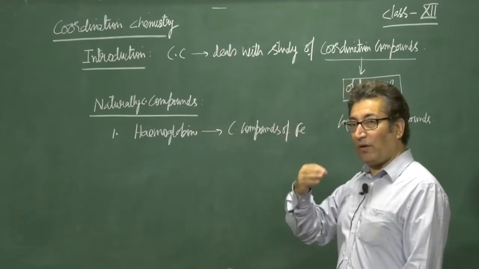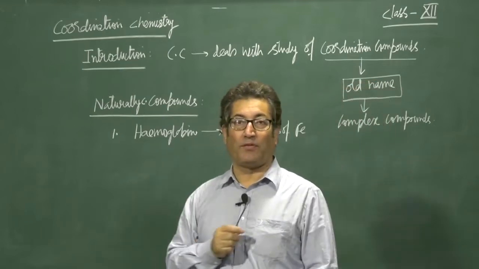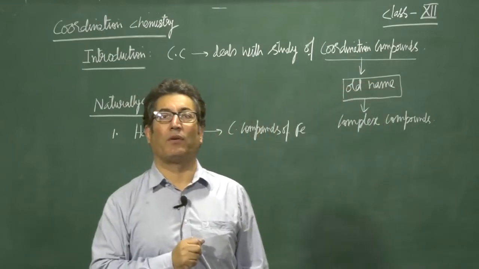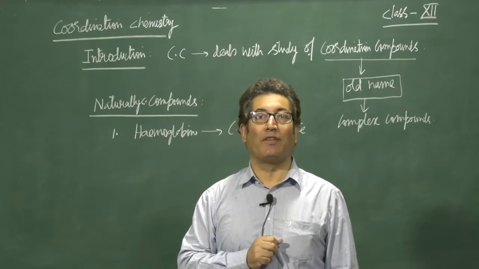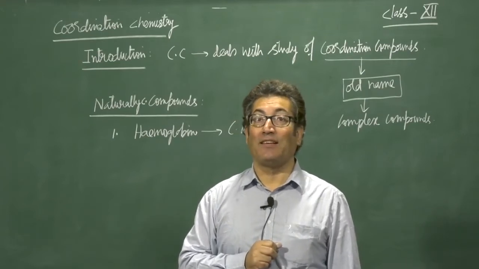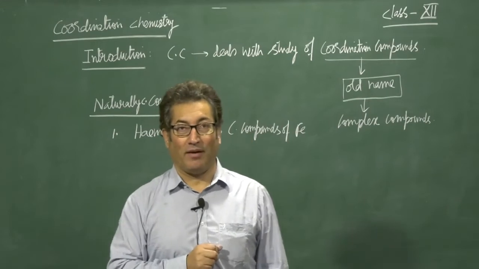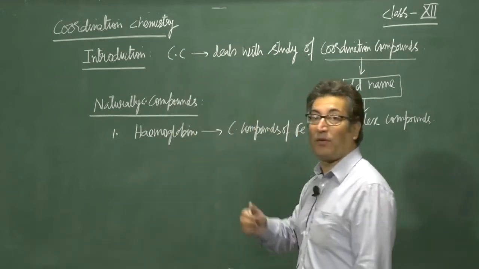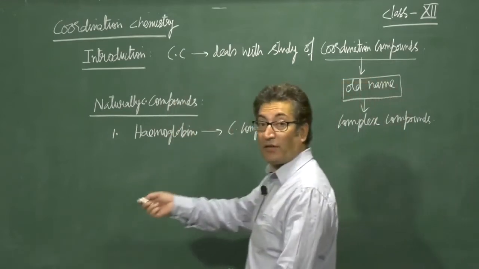And you will learn with the passage of time that every coordination compound contains a metal, and in most cases that metal is a transition metal, a d-block element. And iron, as you know, belongs to the d block of the periodic table, and it has a biological use.